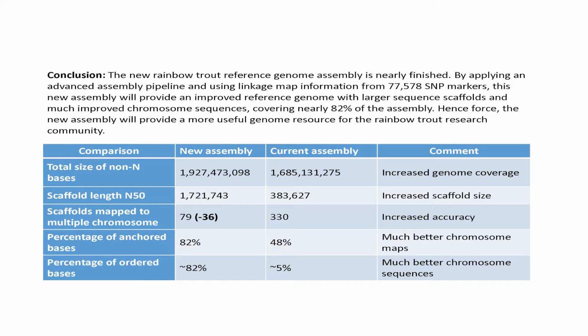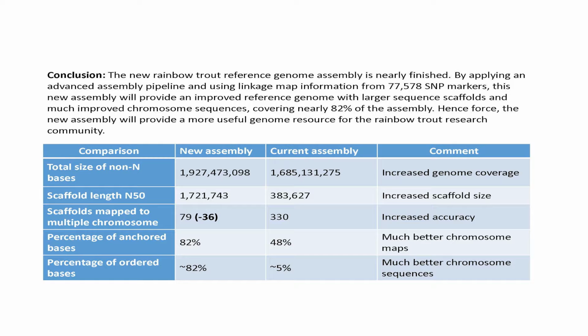So that means the accuracy increased a little bit also, and also the percentage of anchored bases increased from 48% in the current one to 82% in the new rainbow trout genome assembly, and the percentage of ordered bases increased from 5% to 82%.